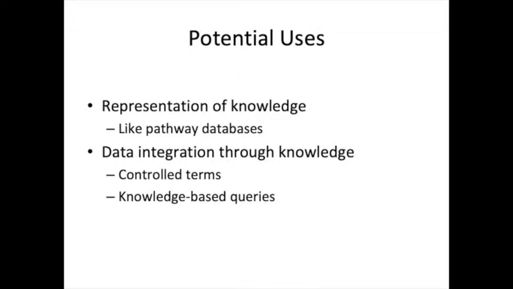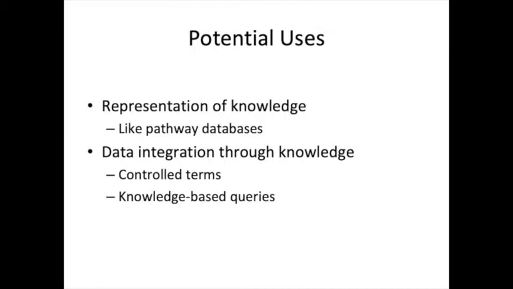Now that we have our deliverables, we'd also like to suggest potential uses for this very detailed representation. One use would be representation of knowledge. Pathway databases, many of you probably have used. They can be used to represent actual knowledge of pathways, and they can be computed on to infer basic pathways, because they are represented in the same way we do, often in OWL.